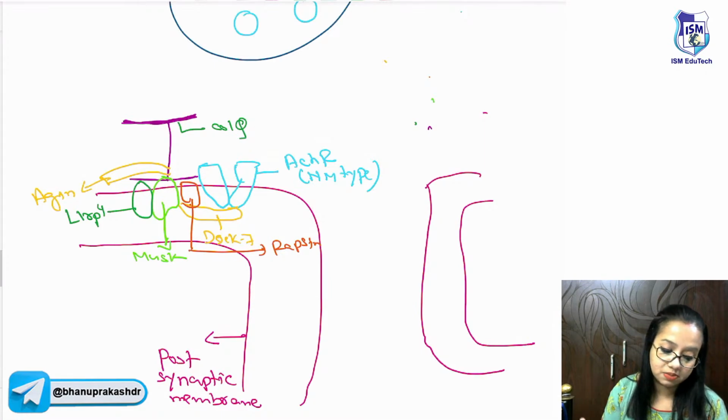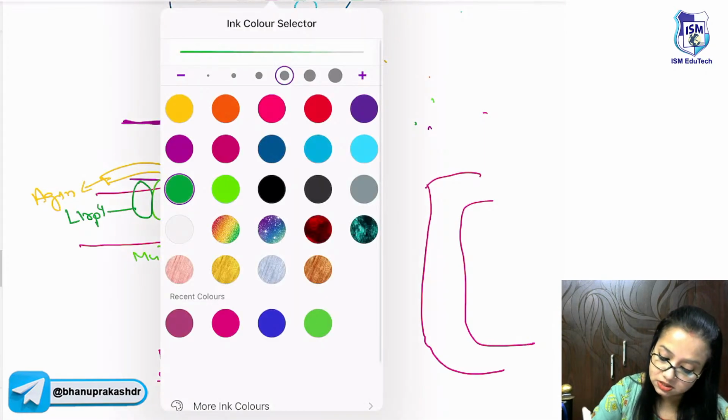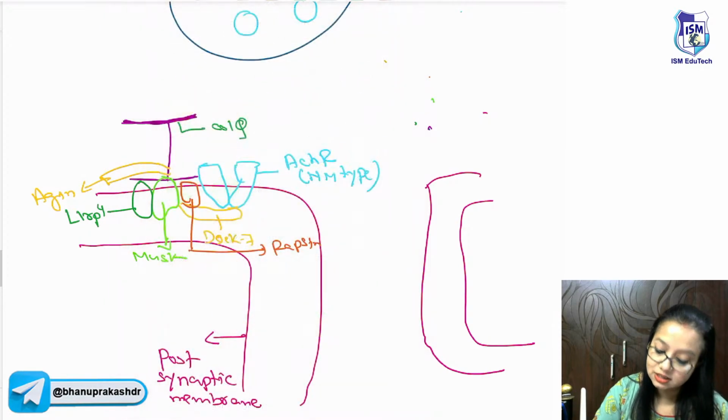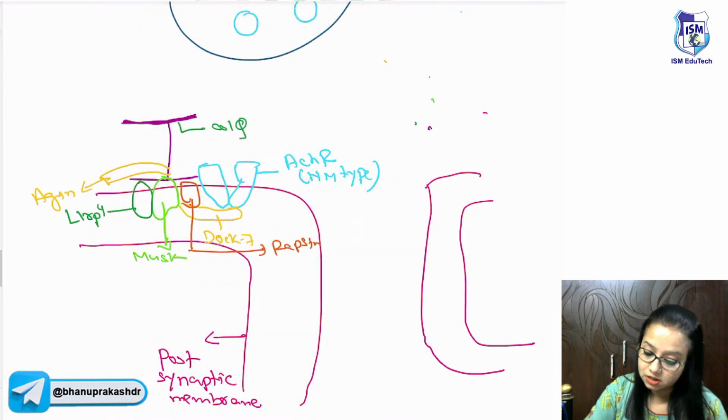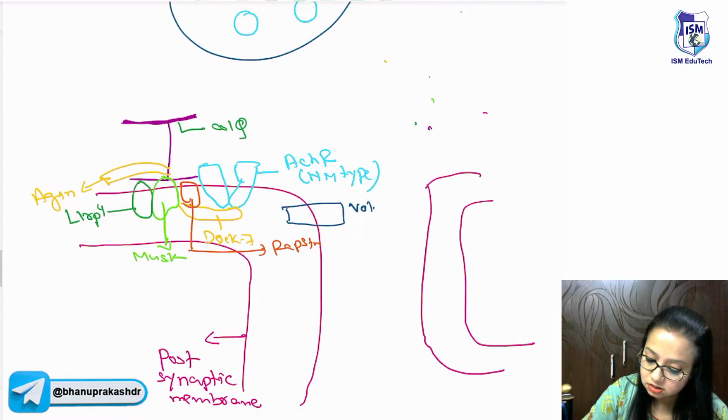Now, in the postsynaptic membrane, additionally, what is present? There are these channels for the calcium. First there are the voltage gated sodium channels, right?